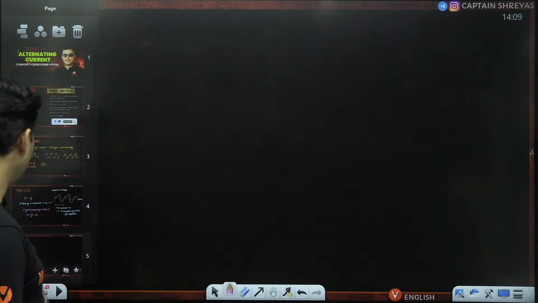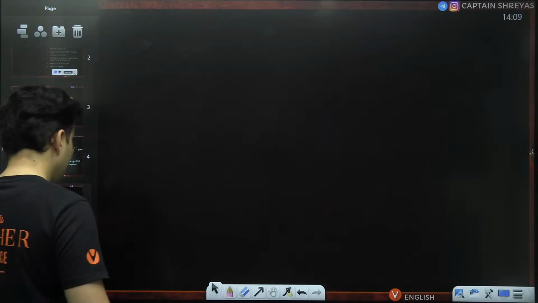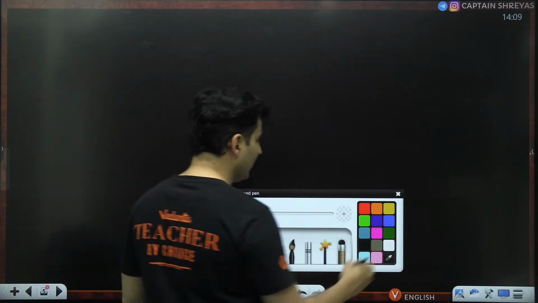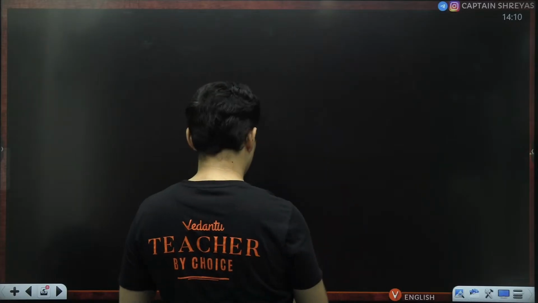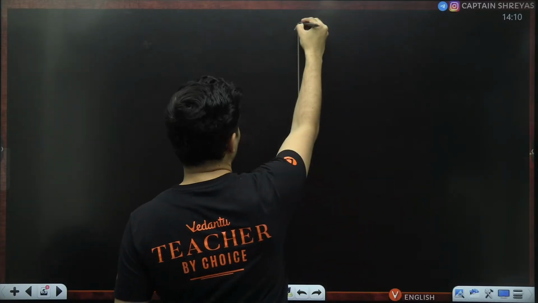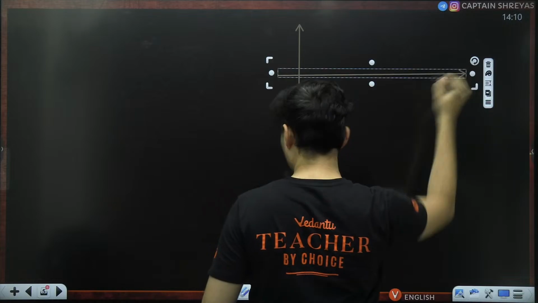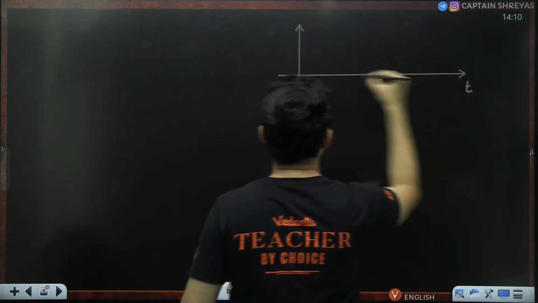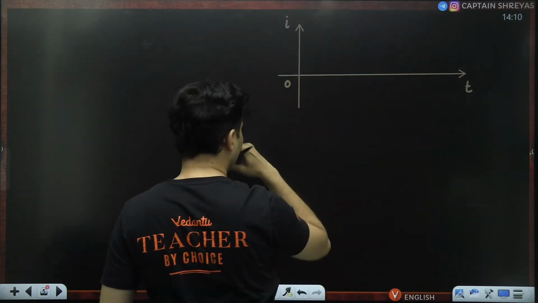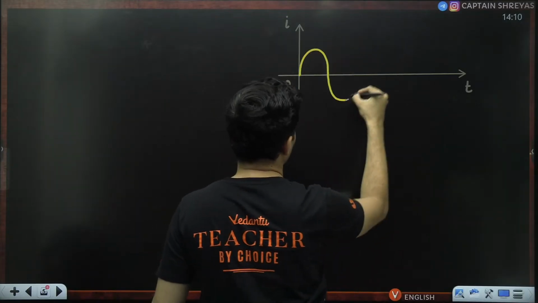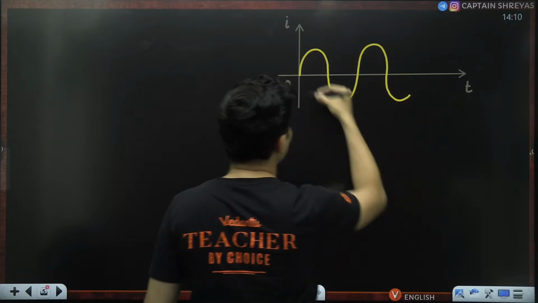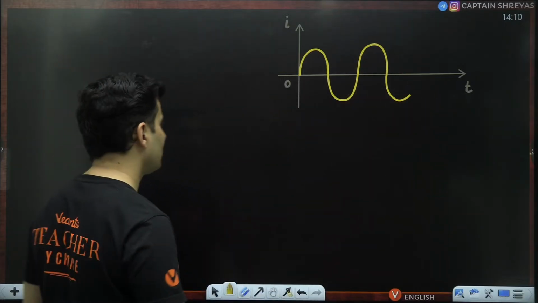This is the first term that you are seeing in alternating current. The next term that you need to see in alternating current is as follows. So say for example, this is our time. Let's say this is our current or voltage, whatever it is. And let's say this is our alternating current or voltage.